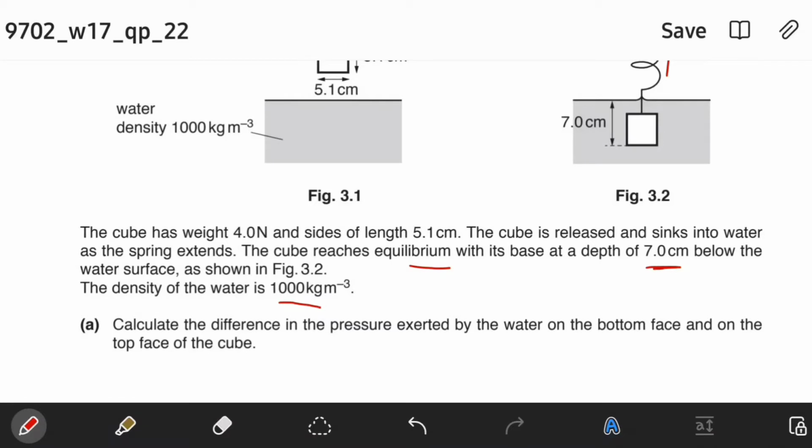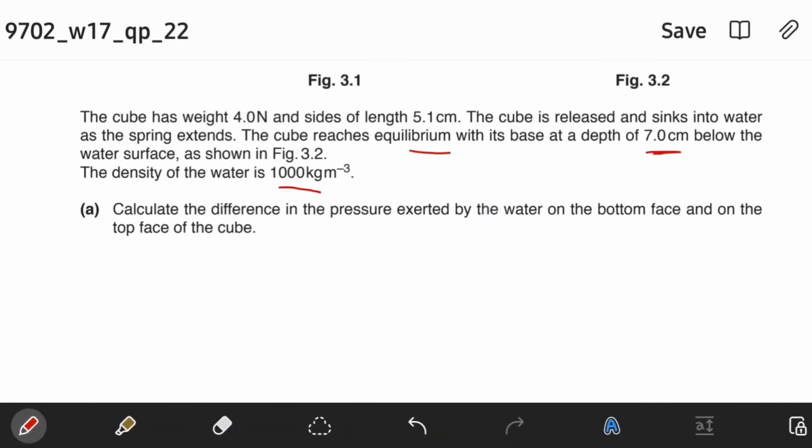Calculate the difference in the pressure exerted by the water on the bottom face and on the top face of the cube. You can simply do this by finding out the difference in the pressures. So let's try to make an equation first. Difference in pressure is given by density g and difference in height, right? So height first, you basically write this.